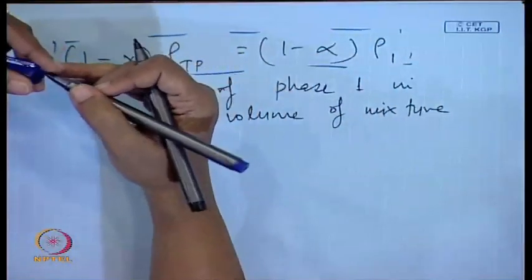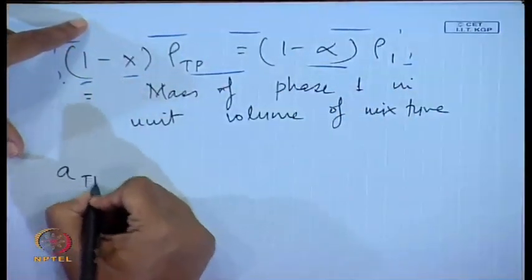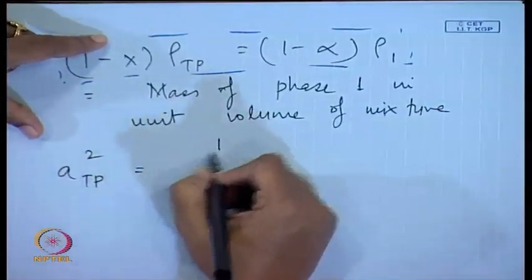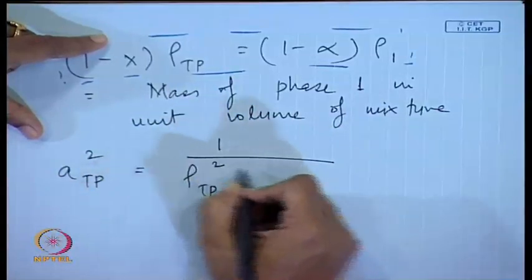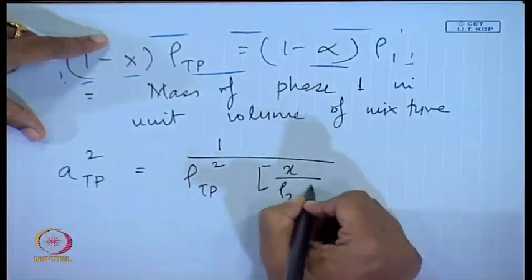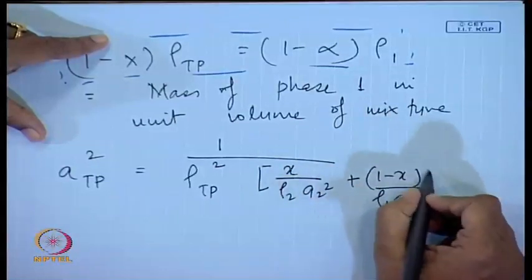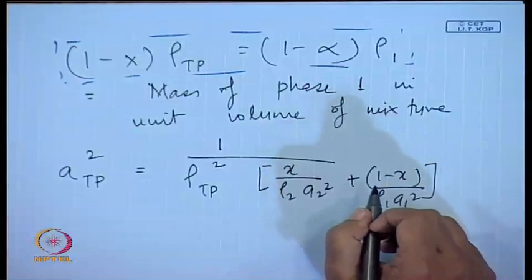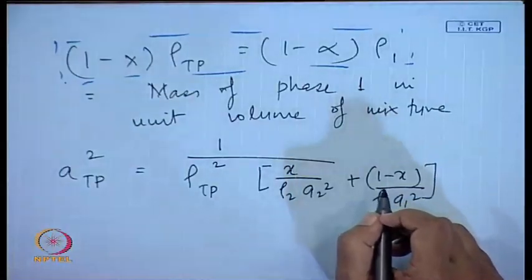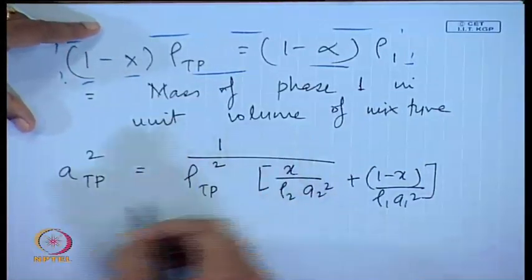Right? Now, let us look at ATP square, the two phase acoustic velocity, this particular expression. What was the expression? It was rho Tp square times [x by rho 2 A2 square plus (1 minus x) by rho 1 A1 square]. This was the expression which I had obtained. Probably there should have been a minus sign, oh no, minus has cancelled out. Now, if I take one rho Tp inside, then what do I get?